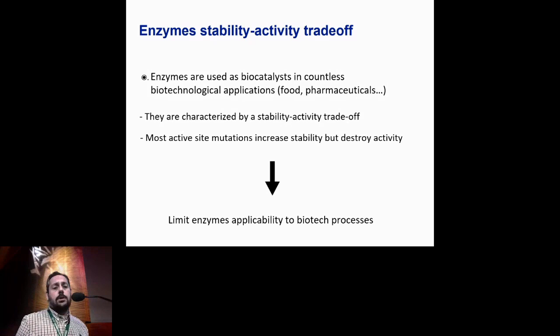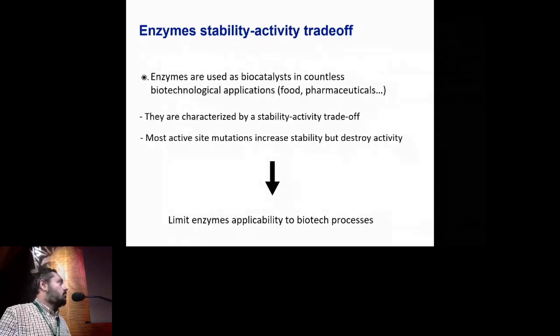In general, this trade-off between stability and activity is a limitation for the application of enzymes in biotech processes, because in biotech processes we want to work outside physiological conditions, in any condition of temperature and pH, while the enzyme has to be as stable as active.